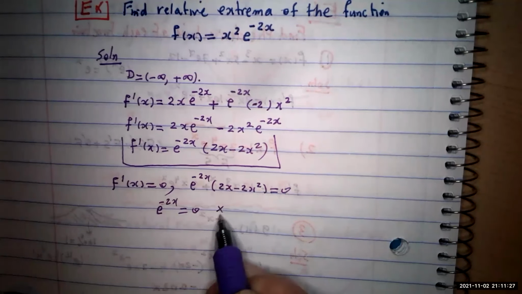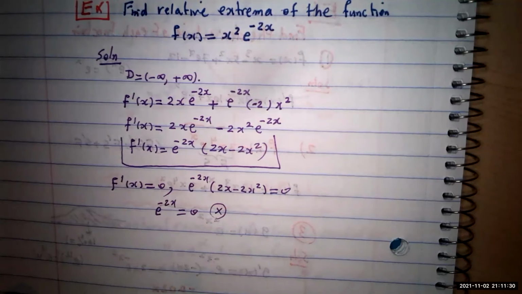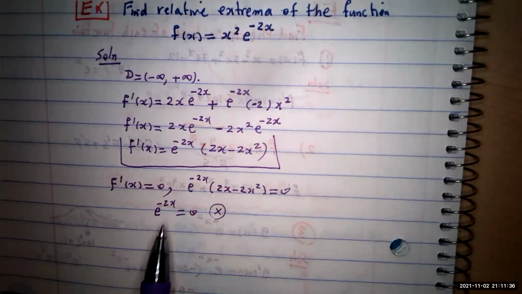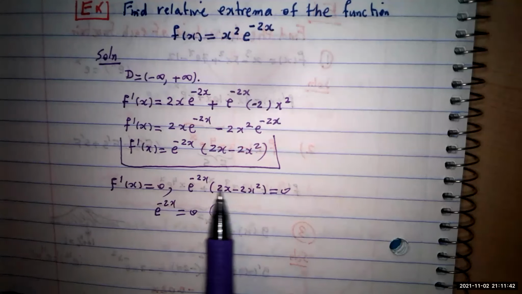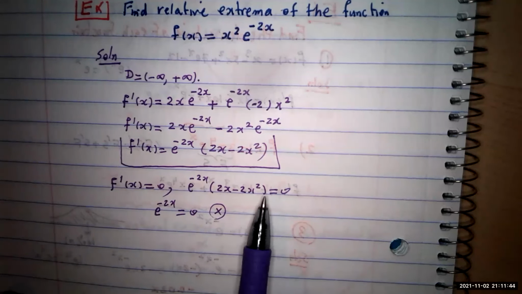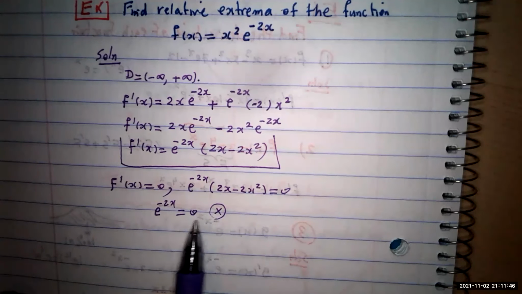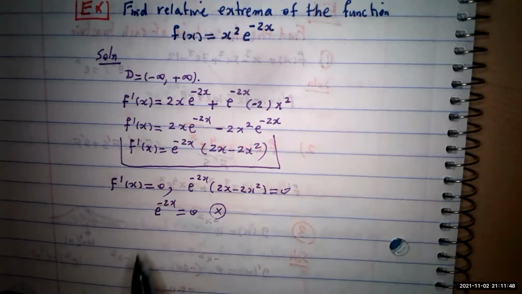Never. Why? Because remember, e is 2.7. It doesn't matter what you do on the top, you will never be able to make e to a power equal 0. That's why I factored it out. Now I know that it's not going to be 0, so the second one must be 0.